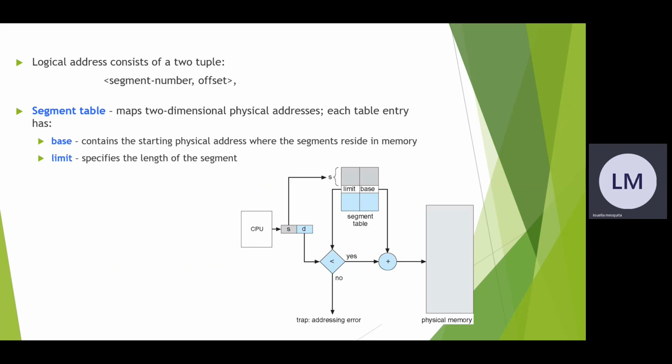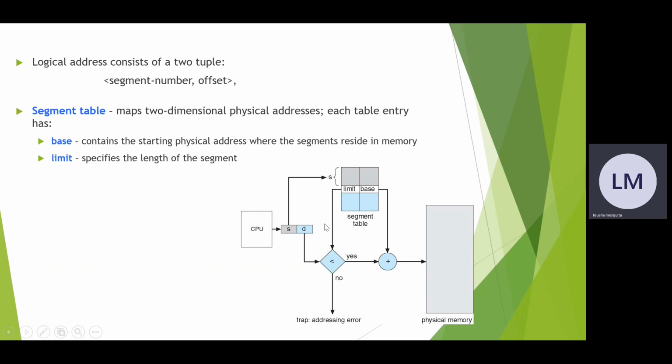So how does the mapping take place? As I just mentioned, the logical address has two parts: the segment number S and the offset D. The value of the offset is from 0 to segment limit. The segment number is used as an index to the segment table.